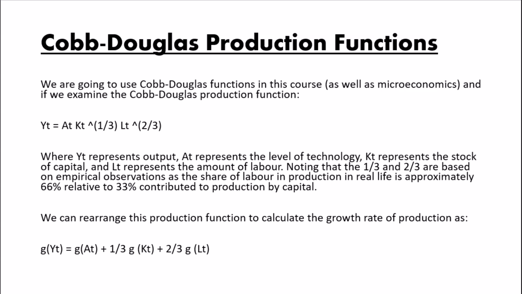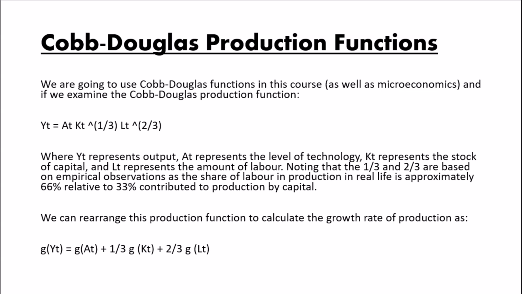And we can rearrange this equation, which is the Cobb-Douglas production function, to calculate the growth rate of production, with the growth rate of the production function being equal to the growth of the level of technology plus 1 over 3 multiplied by the growth of the stock of capital plus 2 over 3 times the growth of the level of labour.